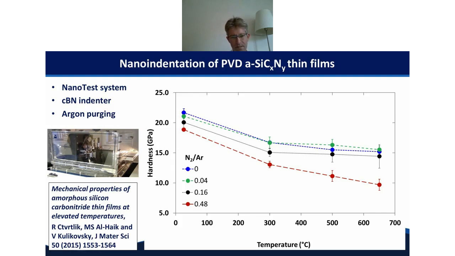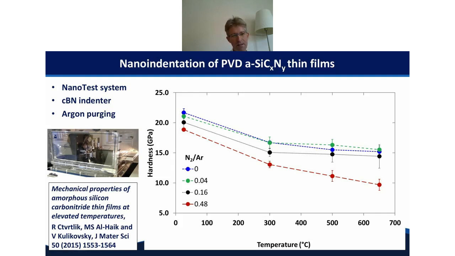This is a study from Virginia Tech, and here they were looking at the influence of temperature on silicon carbonitride thin PVD coatings around 2 or 3 microns thick. They're interested in this particularly because silicon carbide thin films have great potential for many applications, but they are intrinsically very brittle.